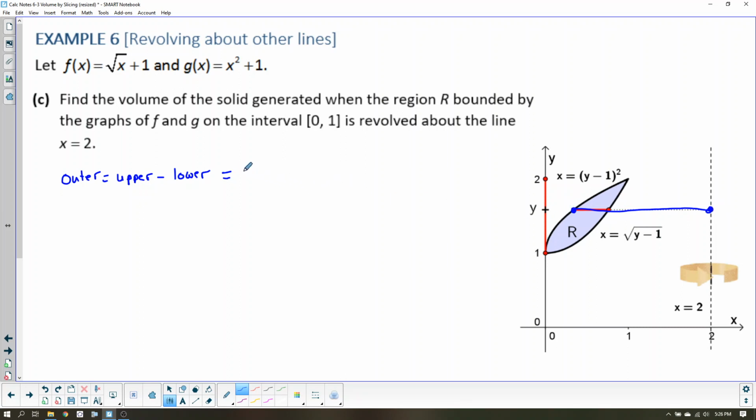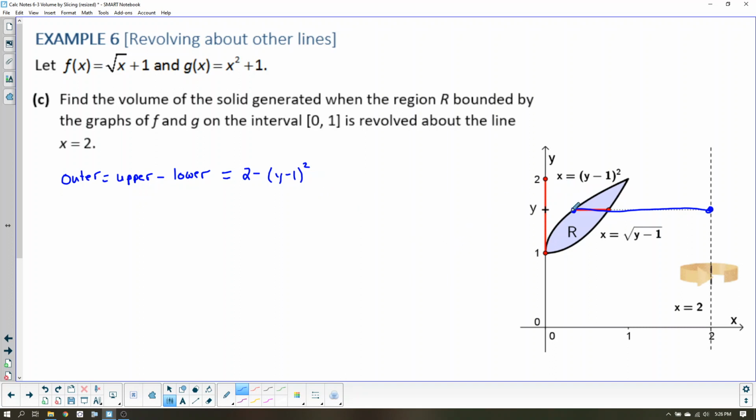So it's going to be 2 subtract this function here, which, I'll also notice, to get these functions, I had to solve them for x, because if we're going to integrate with respect to y, they have to be solved for x. So this curve represents this one here. So we're going to do 2 minus y minus 1 squared, upper minus lower.